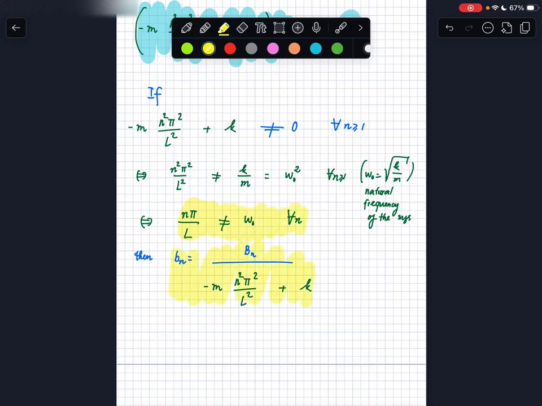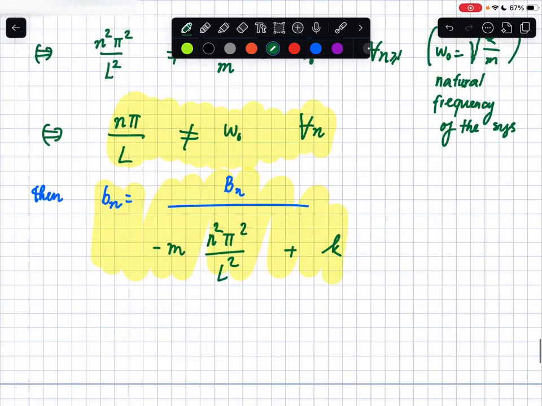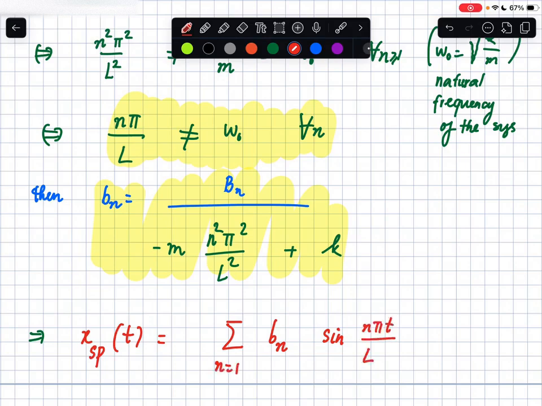And with this bn, we have the solution x steady periodic of t, which is a summation of small bn sine n pi t over L, n from 1 to infinity.